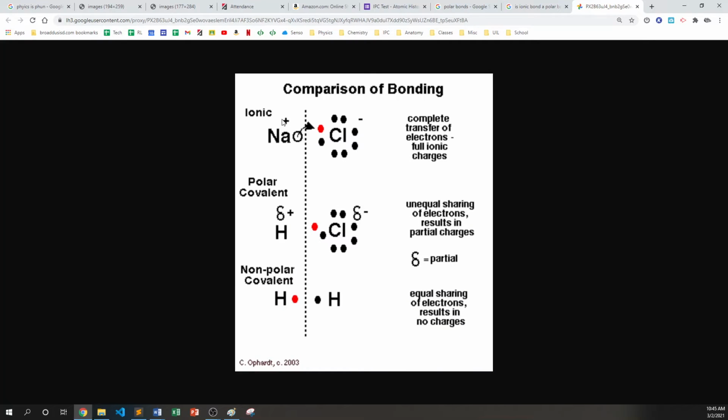So, in ionic, it's a complete transfer. We often don't say this is polar, because polar usually refers to the sharing of electrons, which means covalent. But it's the extreme case of polar covalent where it's completely given up. It completely gives away its electron to chlorine.